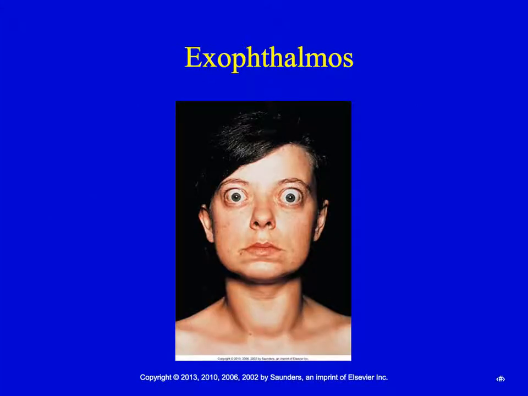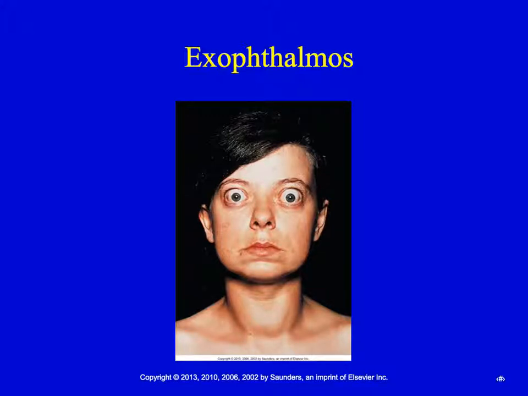Here's the picture of the patient with exophthalmos, which is the bug eye, the protruding eyes, and that is typically seen with Graves' disease. This is typically caused by the edema in the extraocular muscles and increased fatty tissue behind the eye, which pushes the eyeball forward.